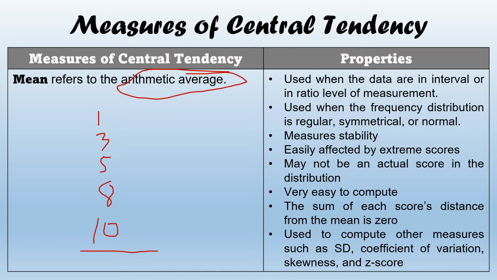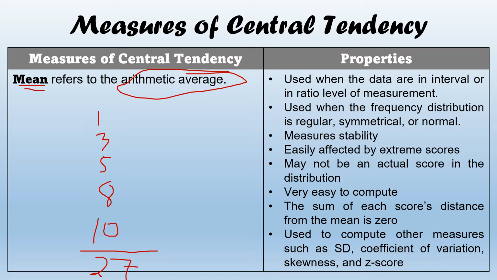Okay? So in theory, 1 plus 3 plus 5 plus 8 plus 10. 1 plus 3 plus 5 plus 8 plus 10 is 27. Okay, according to Siri, we have 27 here. So 27. And then of course, ang gagawin natin for us really to get the mean, no?